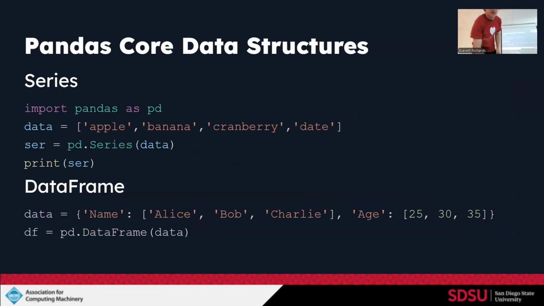Here's a little bit of example code for how to make a series and a data frame. I forgot to mention, a series is just a single column of a data frame. That's like if you are looking through the weather in a bunch of different cities and you want to look at just the temperature or just the humidity, you can just look at the series.